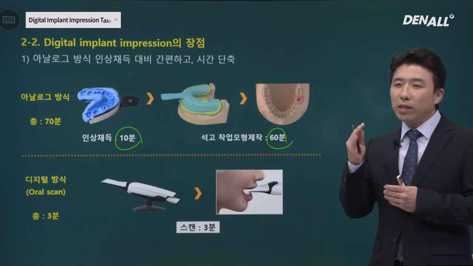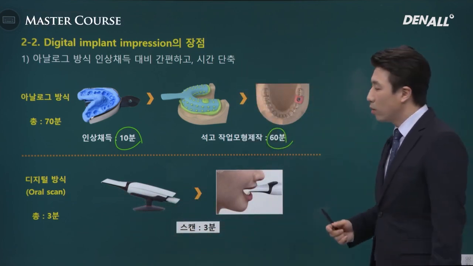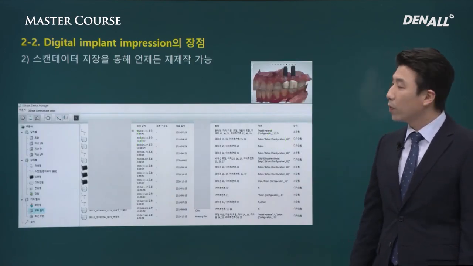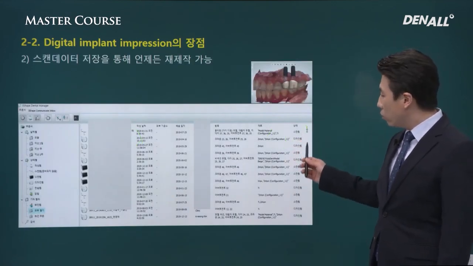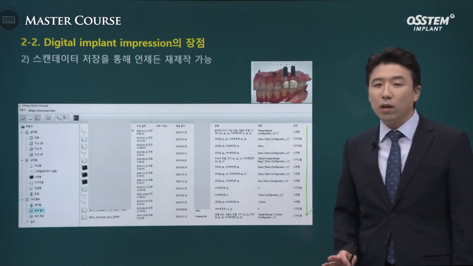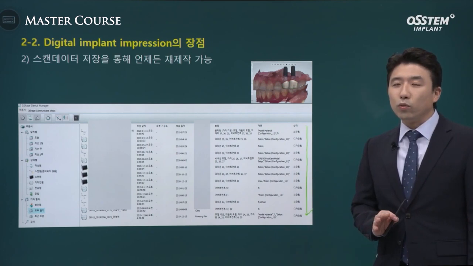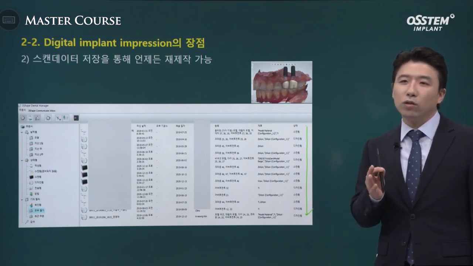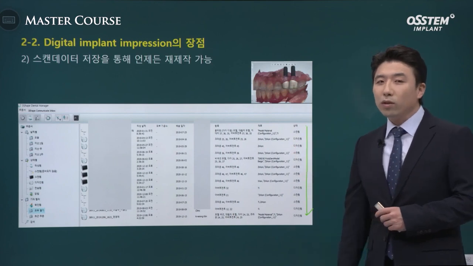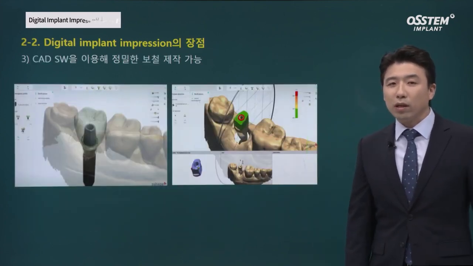As soon as scanning is finished, everything is completed. The scan data is digitalized immediately, a great advantage. Scan data is saved like this. Using it, necessary lab works can be produced repeatedly, another advantage.